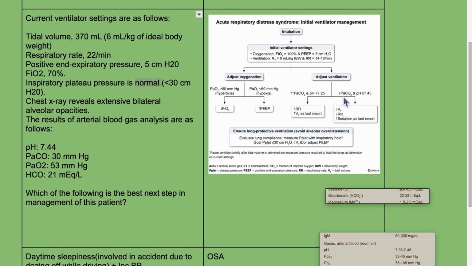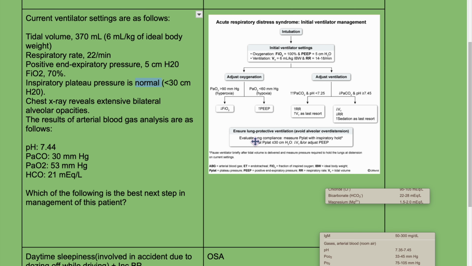Or if there is a decrease in PaCO2, which there is, and pH is more than 7.45, which is not, we don't do this because it doesn't meet this criteria. You would have decreased the tidal volume, decreased the respiratory rate, and increased sedation as a last resort. So here the answer would be increase in PEEP.